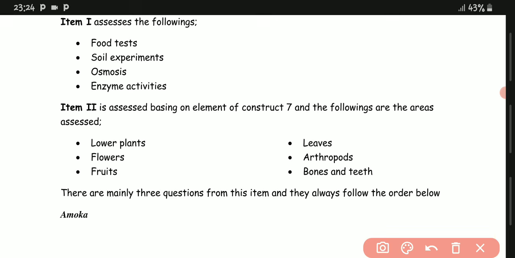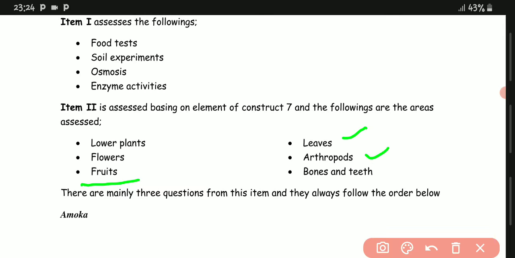Now, the topics which we assess here, we have lower plants, we have flowers, we have fruits, and in fruits here we have mangoes, we have tomatoes, we have the avocado, mainly those ones if it comes to fruits. Then we have leaves, we have arthropods.